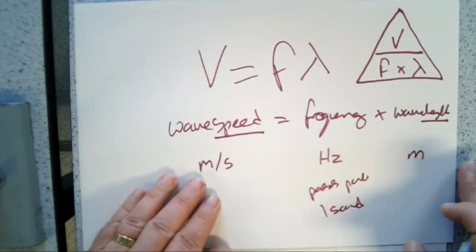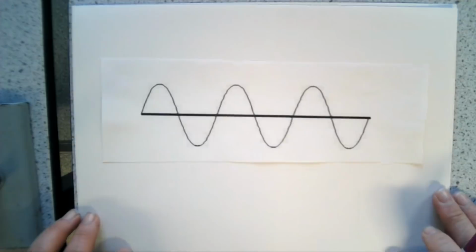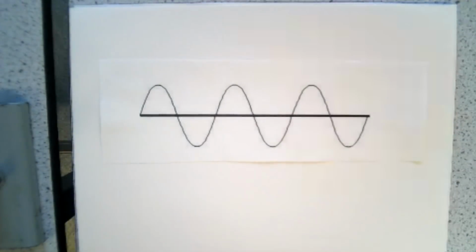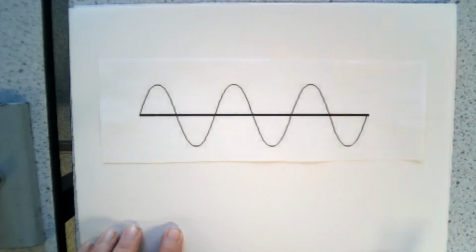Now, with that in mind, I'm going to use a diagram that I've pre-prepared, and we're going to identify some of the key things that we need to know about this wave. Firstly, if I want to know the wavelength, there are a number of ways I can calculate it from this diagram.